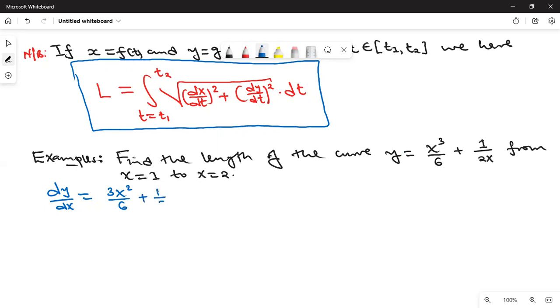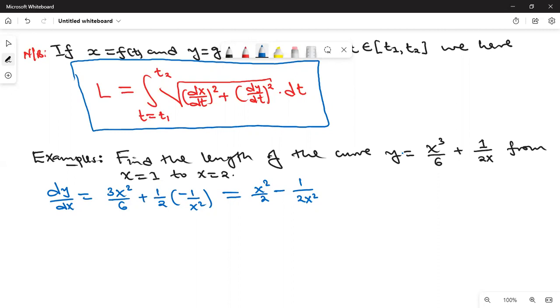Differentiate, remember this is 1 over 2 times the derivative of 1 over x, which is negative 1 over x squared. And this you can write as x squared over 2 minus 1 over 2x squared. So that is our dy dx.